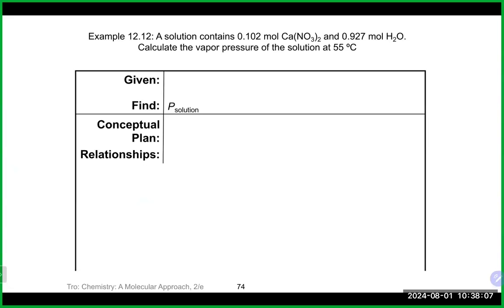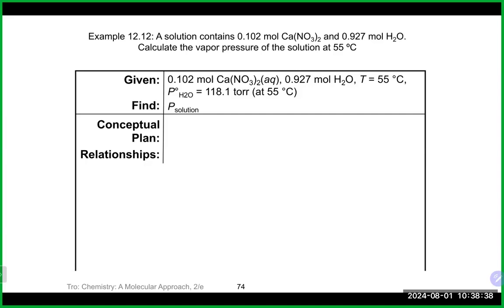Earlier I mentioned that you can also apply the van 't Hoff factor to vapor pressure. And it is a little different depending on how you might apply it. So for example here, if we have a solution that contains 0.102 moles of calcium nitrate and 0.927 moles of water, we want to calculate the vapor pressure of the solution at 55 degrees Celsius.